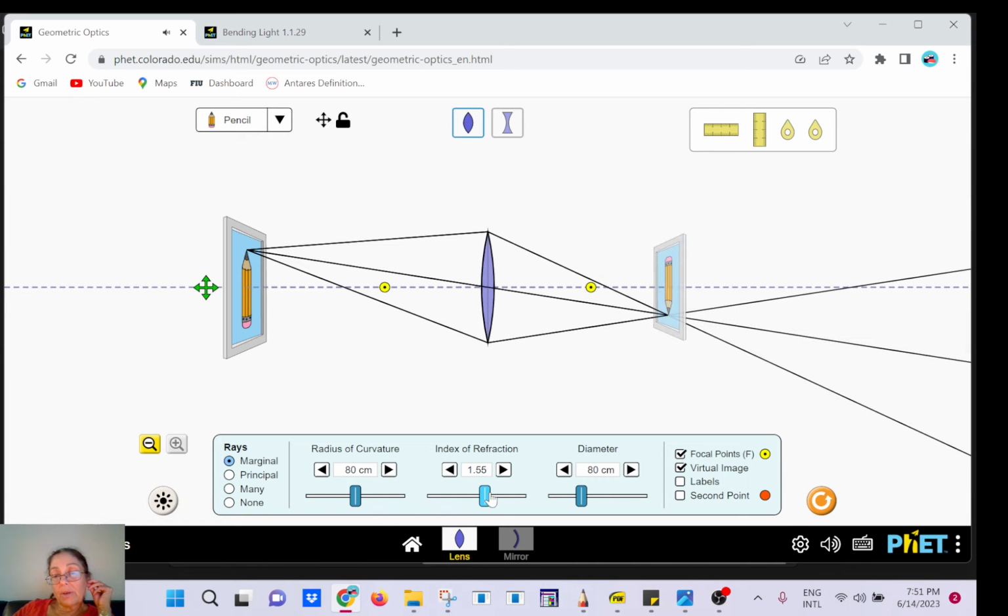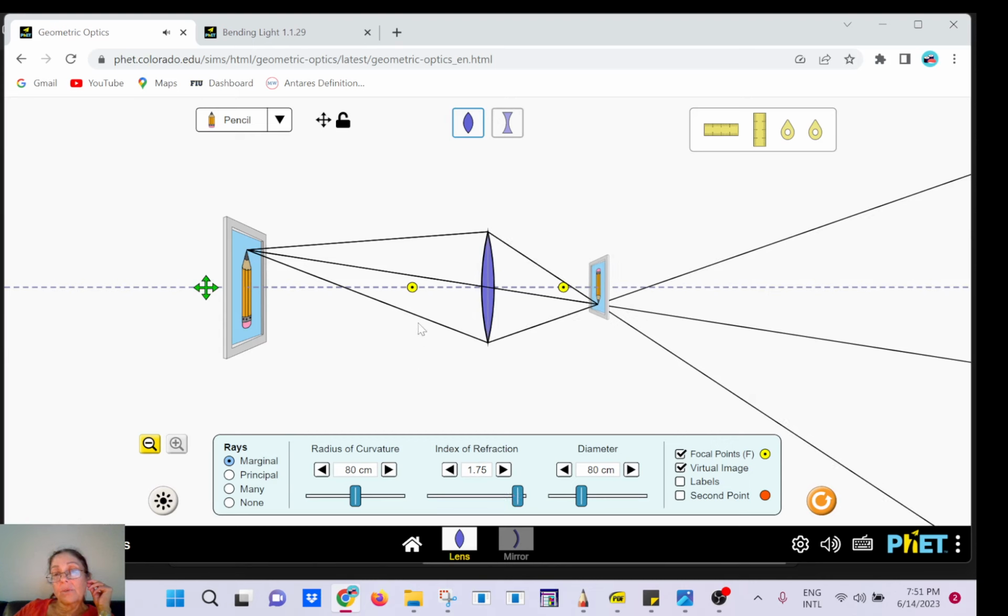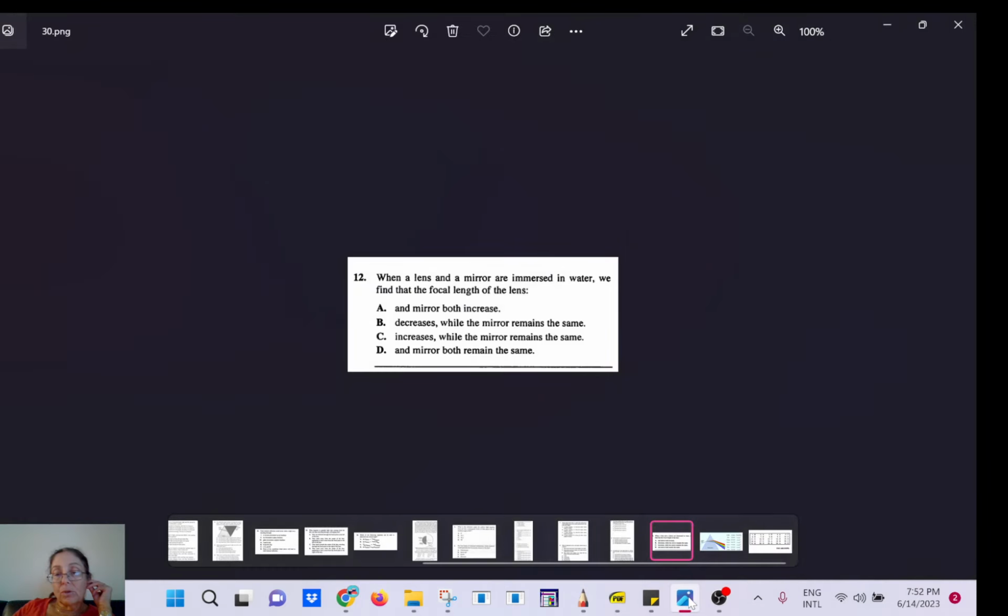If you make it more refractive, so more refractive power, the focal length is decreasing. So if you place a lens inside the water, the focal length of the lens will increase. The mirror doesn't care about refraction. So the answer is 12C. Let me check. 12C, yes. 12C.